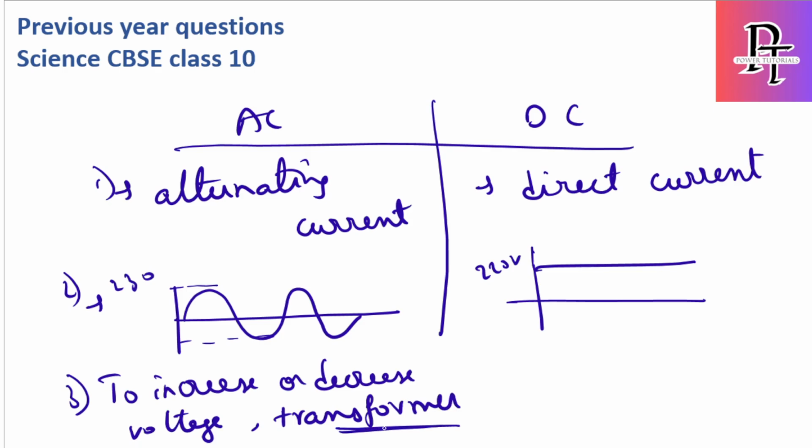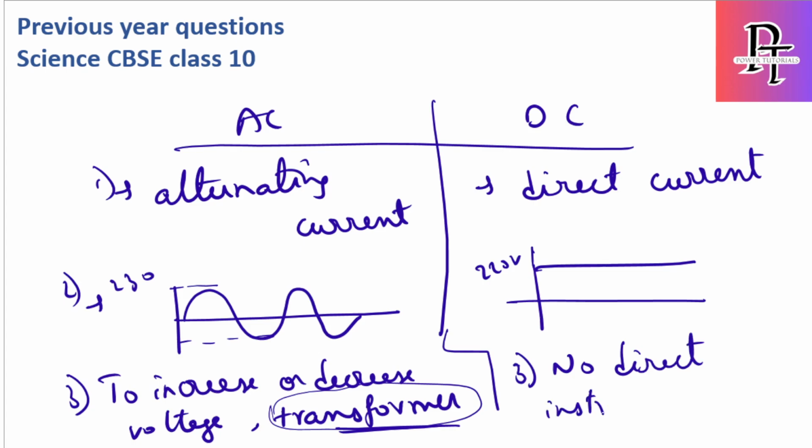For DC we don't have transformers, because if we want to convert DC, first we have to convert DC to AC, increase or decrease it, and again convert it back into DC. So there is a lot of processing going on. Whereas for AC we have direct transformers where we can easily increase or decrease the voltage. For DC there is no direct instrument to convert.